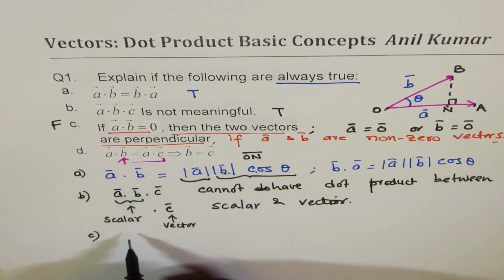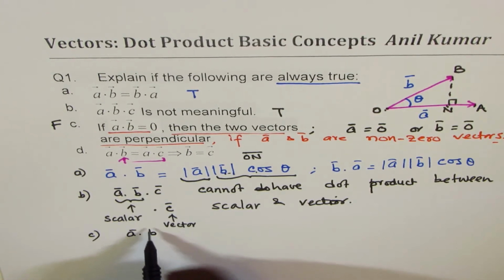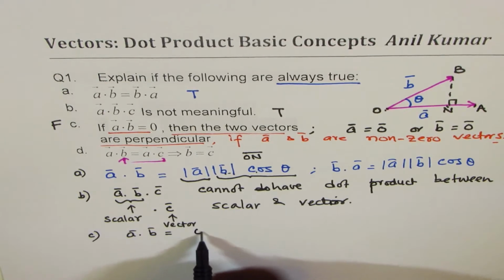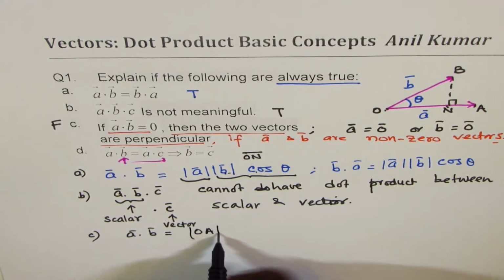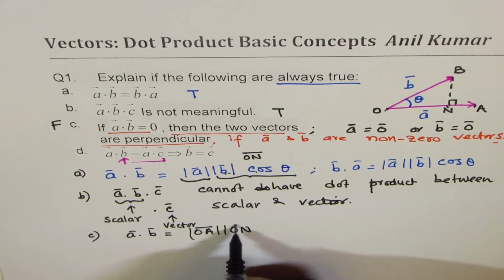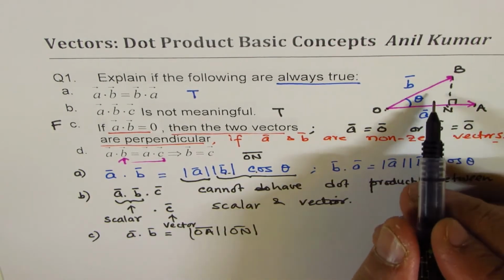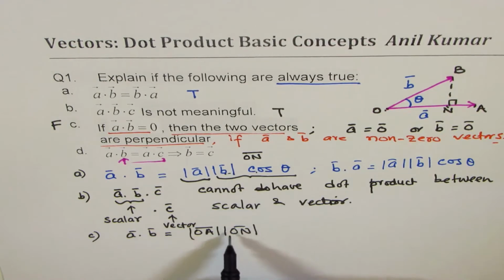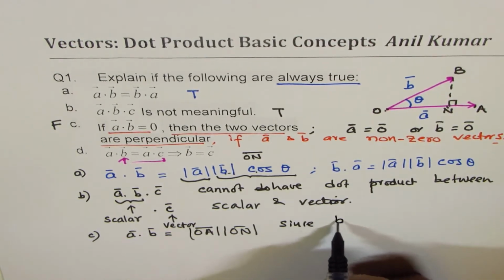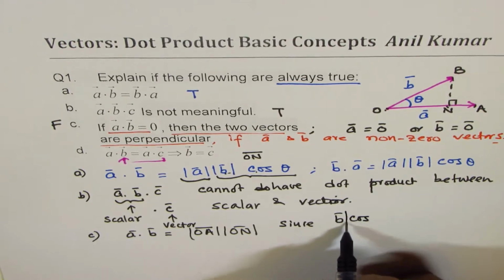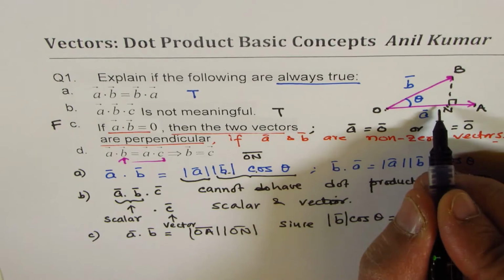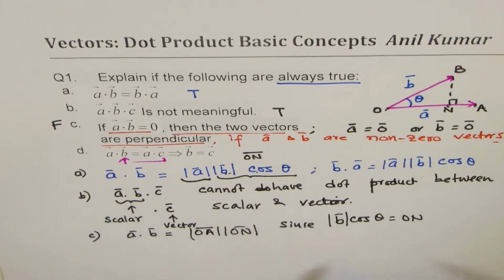So I could write A dot B as equal to, from this figure, magnitude OA times magnitude ON, right? Because B cos theta is ON. That is the adjacent side of a right triangle.